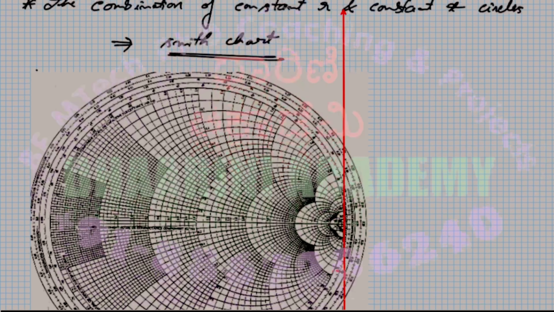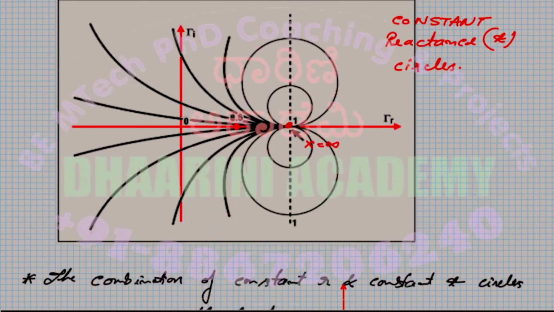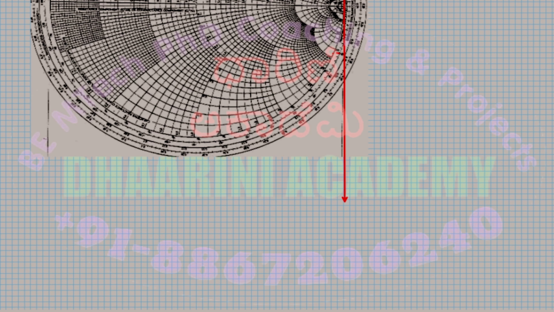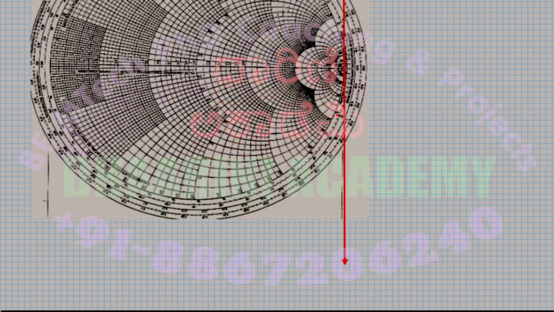Now, let us go back and check where is the x equal to 0 line. X equal to 0 line is the horizontal line itself. So horizontal line means that they have already drawn, right? That is this line. So I'll draw another line here. Starting from this, they have drawn a line here, right?